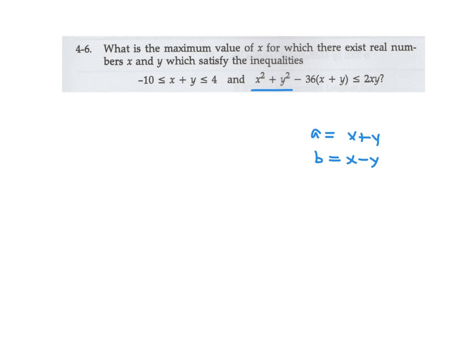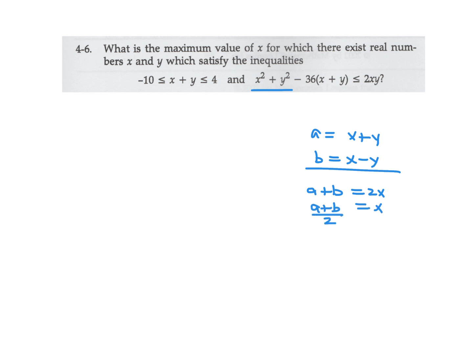So what that does is it makes these inequalities as follows. If we add them, it would be a plus b, the y's would disappear, and x would be a plus b over 2.